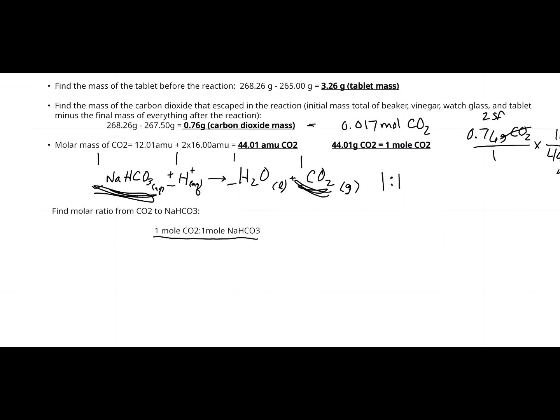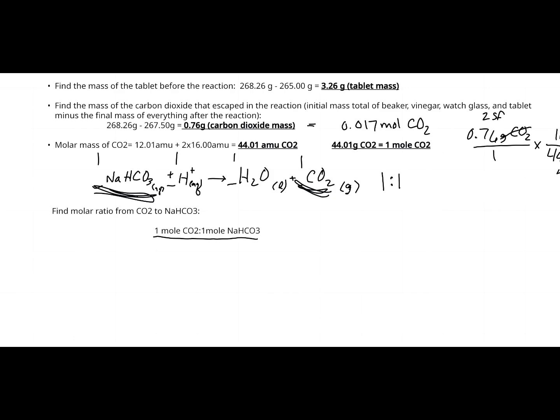So we have a 1-to-1 ratio, which means if we have 0.017 moles of carbon dioxide, that means we also have 0.017 moles of sodium bicarbonate, right? And I'll show you the math for that real quick, just so you understand what I'm saying, okay?